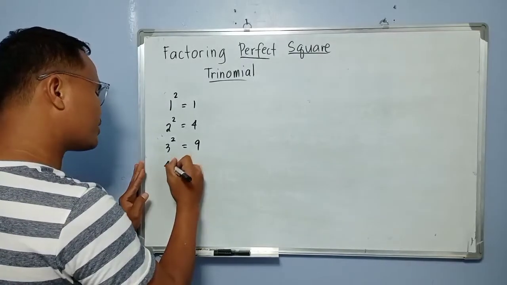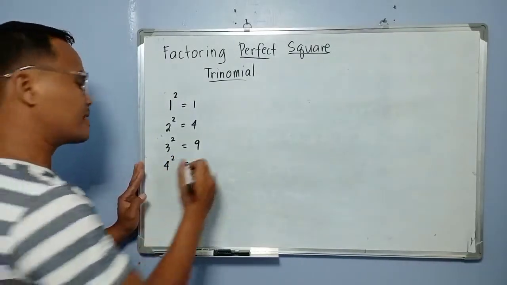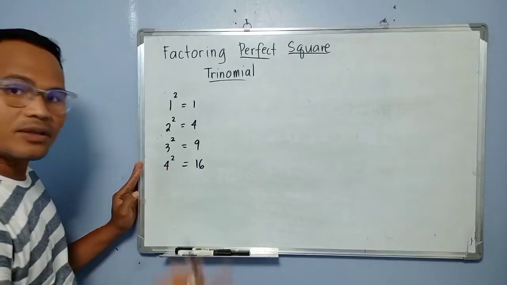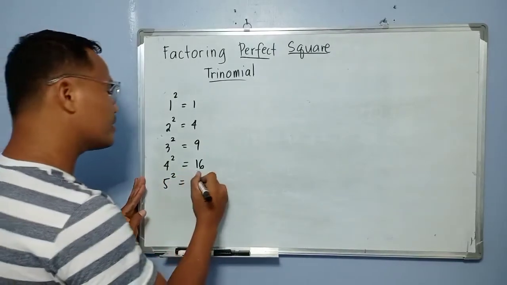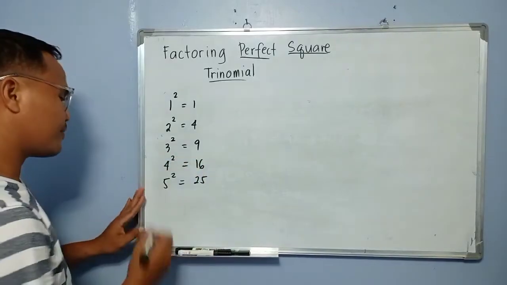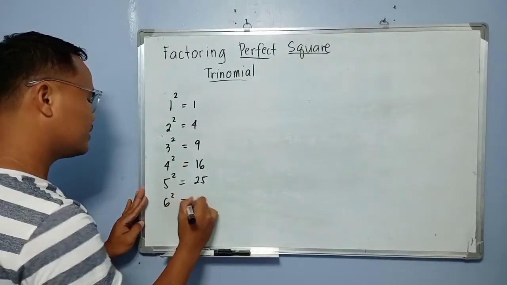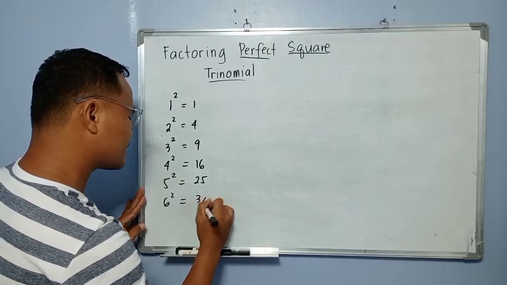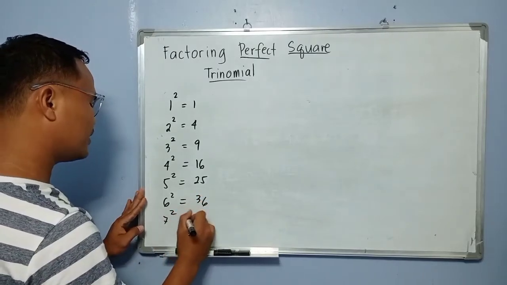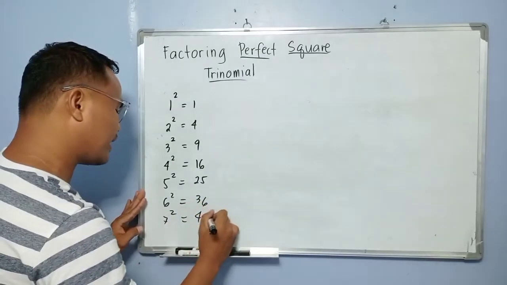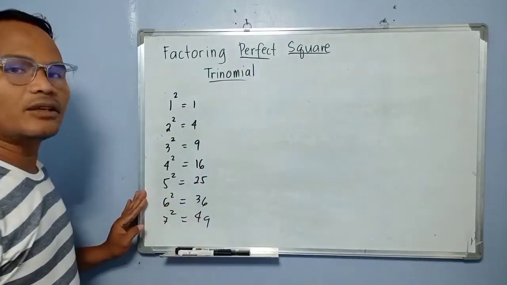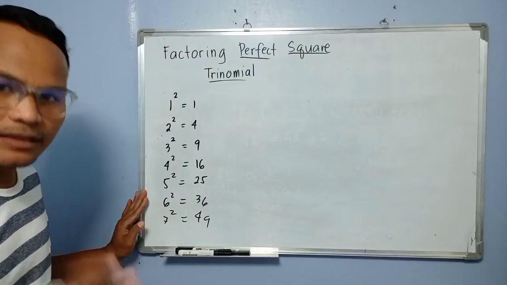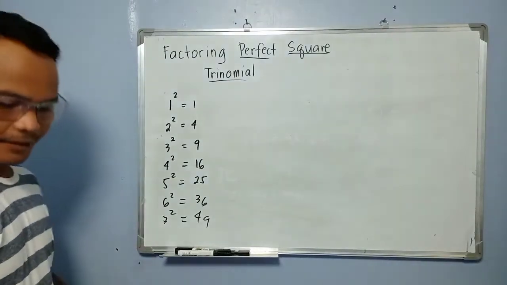If we have 4 squared, the result is 16. So 16 is also a perfect square number. 5 squared, the result is 25. That's 5 times 5. If we have 6 squared, the result is 36. If we have 7 squared, the result is 49. So if you continue the process, the result is called a perfect square number.